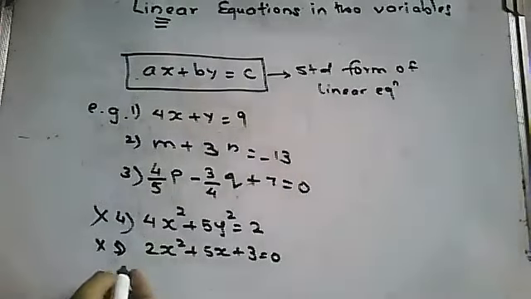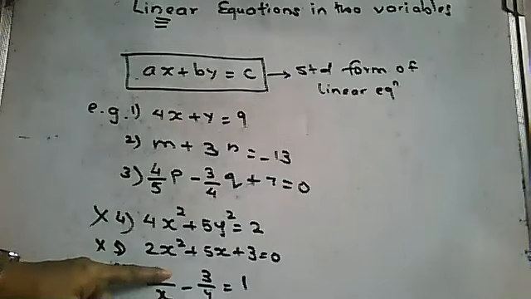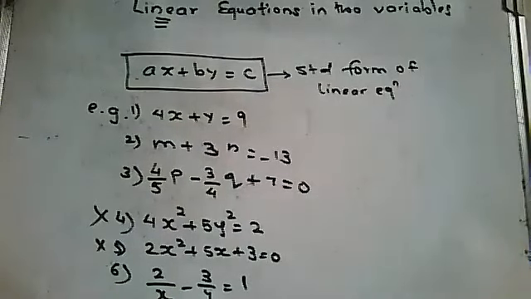One more I may take. If I take 2 upon x minus 3 upon y is equal to 1, this is also not a linear equation, because if you take x up, you will have x raised to minus 1.